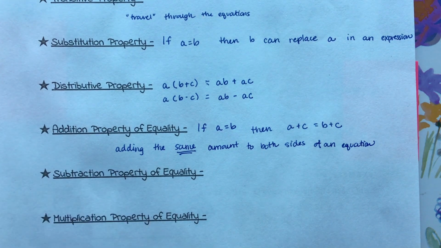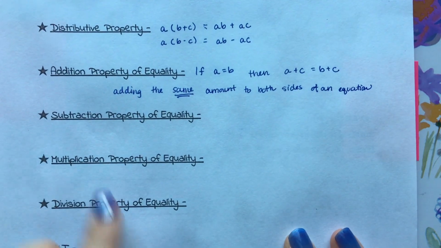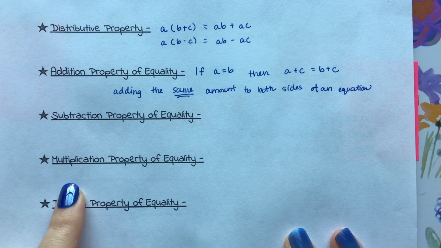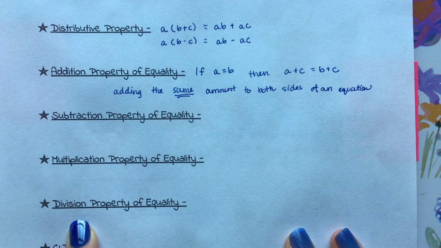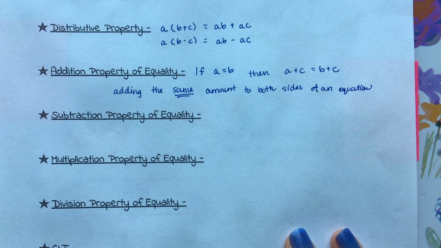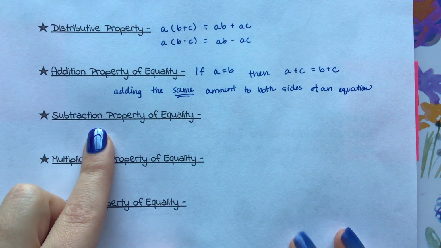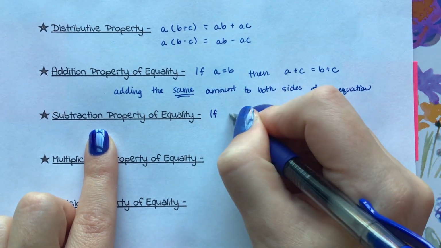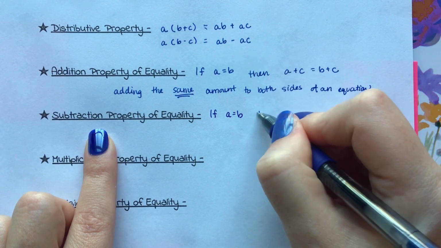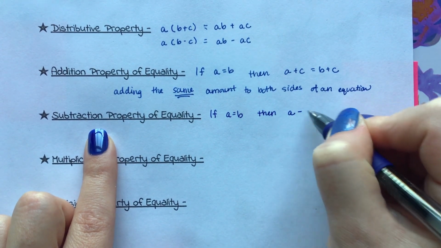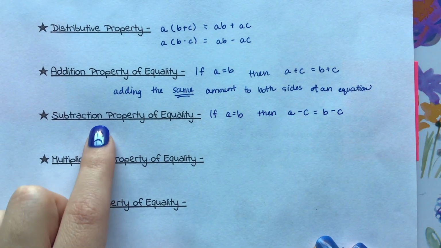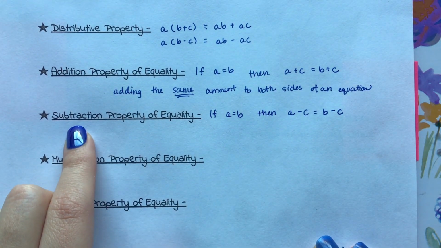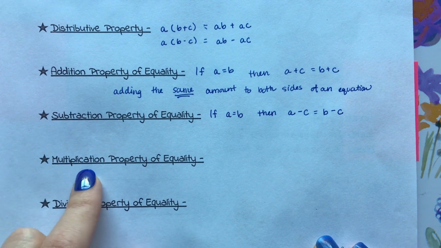So you probably guessed it for the rest of our definitions now. For our subtraction property, our multiplication property, and our division property, all of these, as long as you do the same thing to both sides of the equation, then we're going to get a balanced equation as a result. So subtraction property, if a equals b, then a minus c is equal to b minus c. Once again, this time we're just subtracting the same number from both sides of the equation.